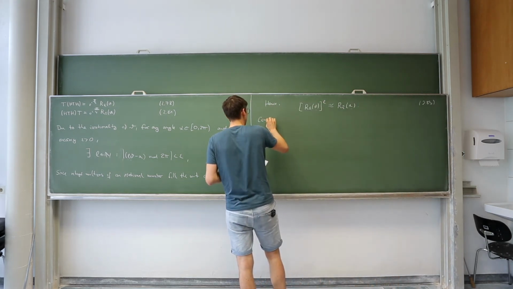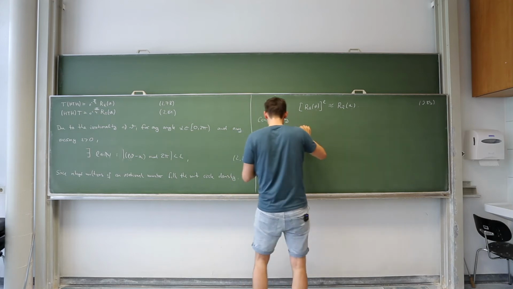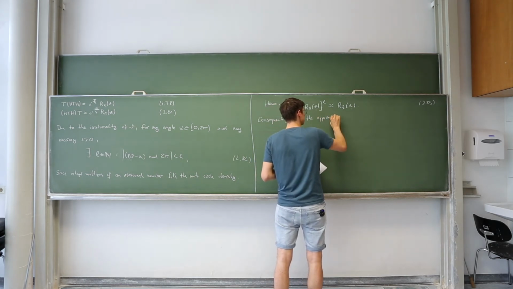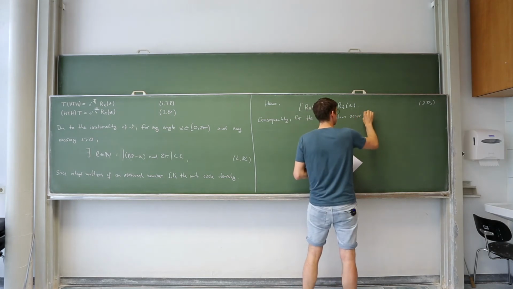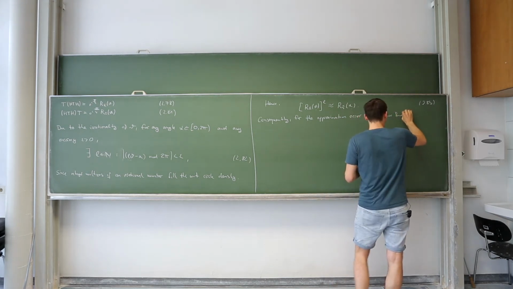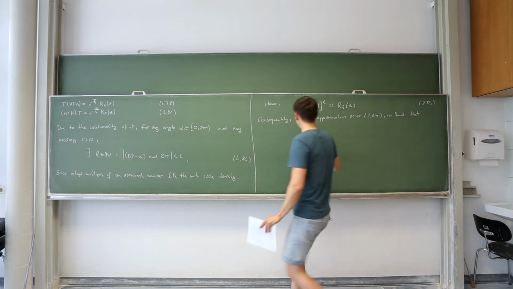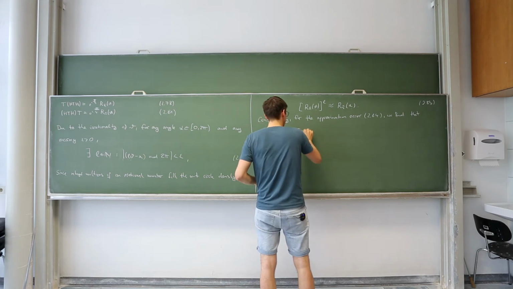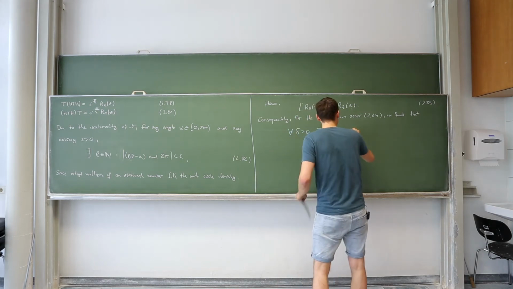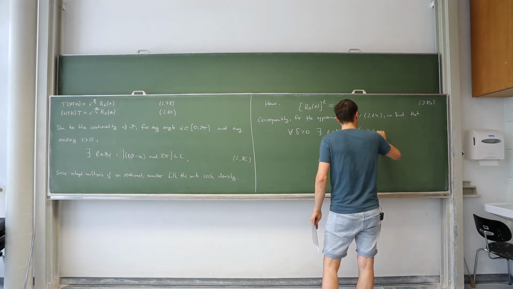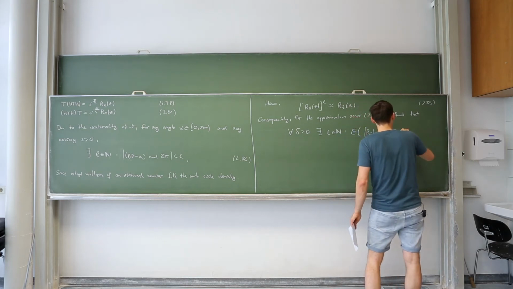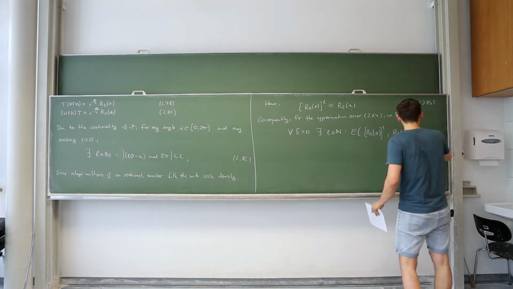So consequently, for the approximation error, this was equation 2.64, we find that for all delta greater than 0, there exists a natural number L such that the approximation error of this rotation by theta, so if I rotate L times by theta, compared to the rotation by alpha, is smaller than delta.